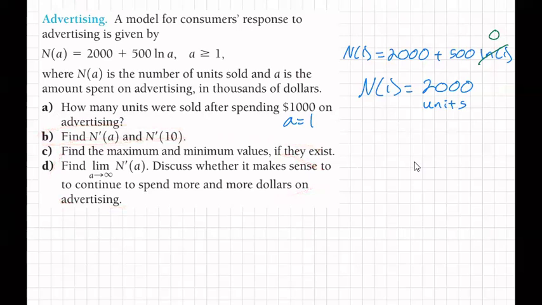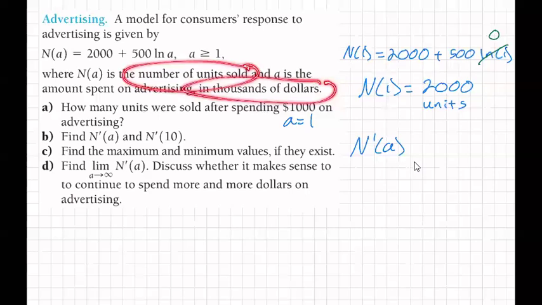But make sure you see here, whenever you see the notation that we have, this is them telling me to find the derivative of our function. That's where the rate of change comes in, asking how much the number of units will change as we change the thousands of dollars being used for advertising.